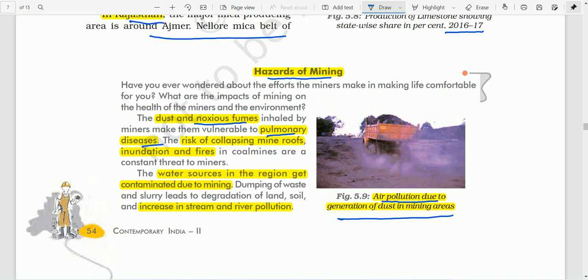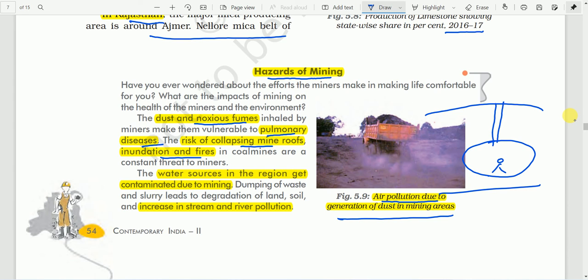The risks of collapsing mine roofs, inundation, and fires in the coal mines are a constant threat to the miners. This mainly happens in the case of underground mining. For example, within the earth surface, mining activity is going on here. People are mining by digging a tunnel. Sometimes the roof may collapse downwards, killing the miners.